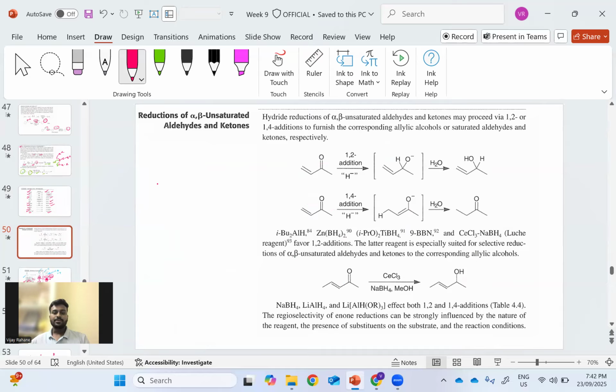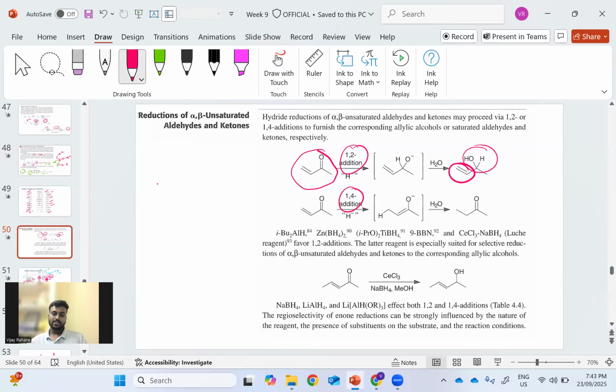So if we have the alpha beta unsaturated, whether it is aldehyde or ketone, the same case with both. In this case, by 1,2 addition, we get the carbonyl reduction and keep the double bond intact in the product.